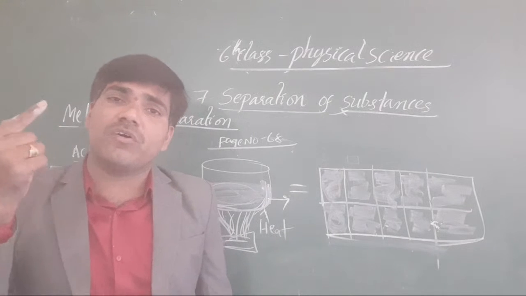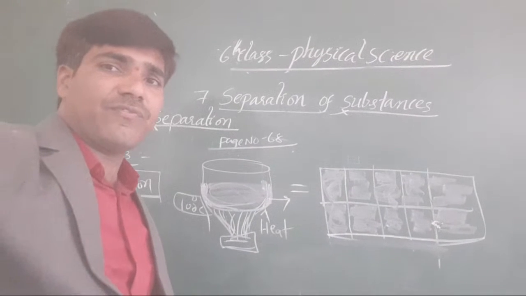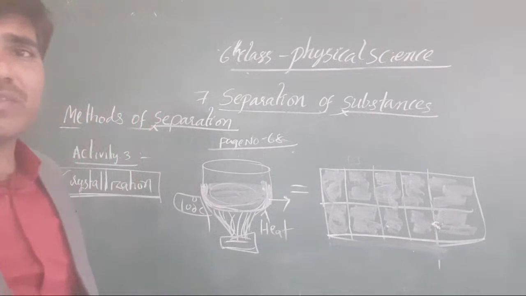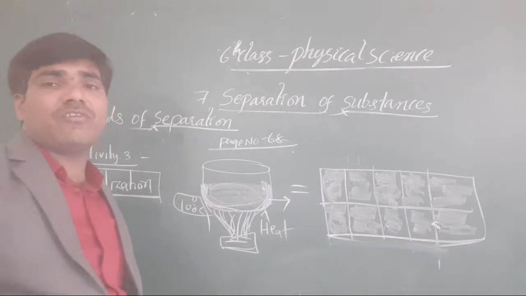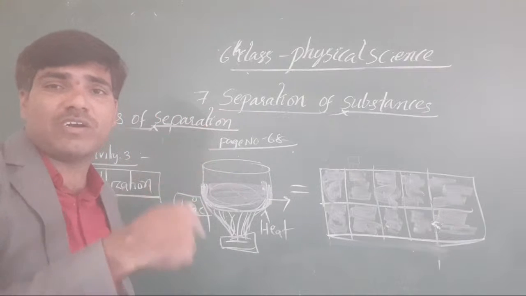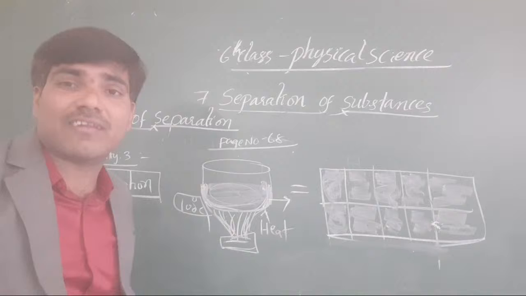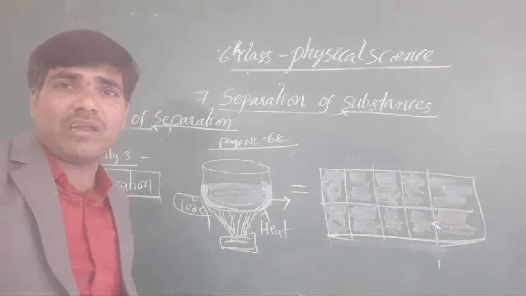Similarly, when you observe the vessel we use in daily life for hot water, on its walls also there are some layers. Those layers are called salt layers. Why?